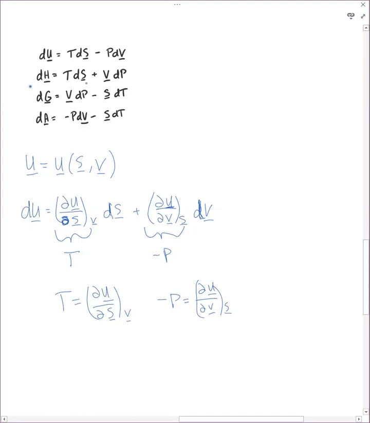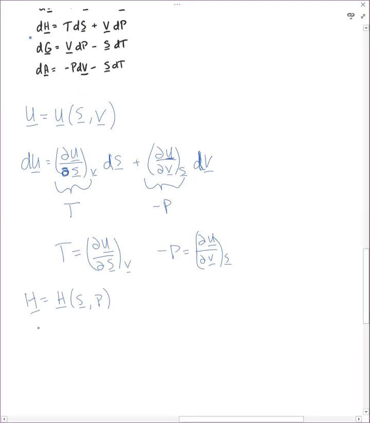All right, so you could do the same thing with H. You can say that H is a function of S and P, because those are the differential terms. H is equal to H of S and P, and you can take the total derivative.